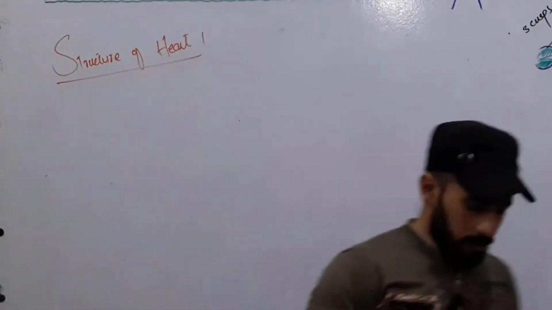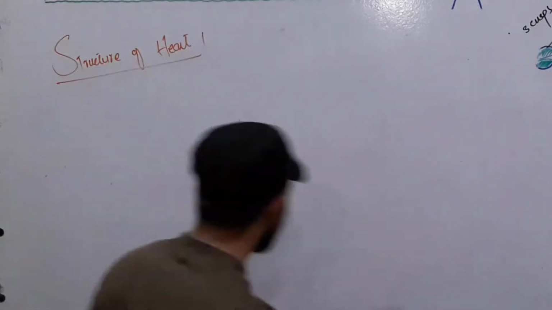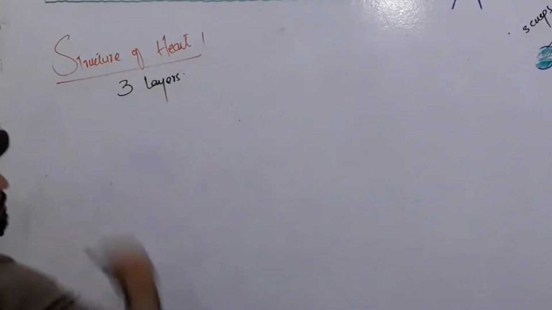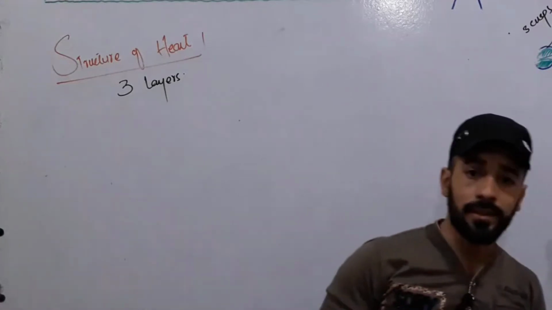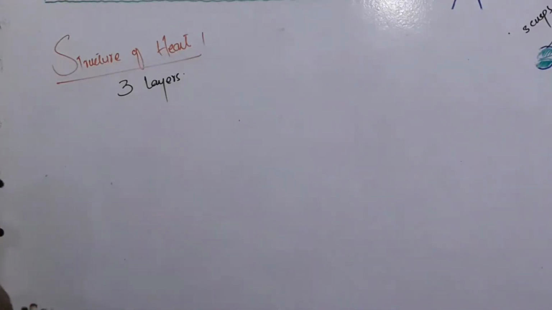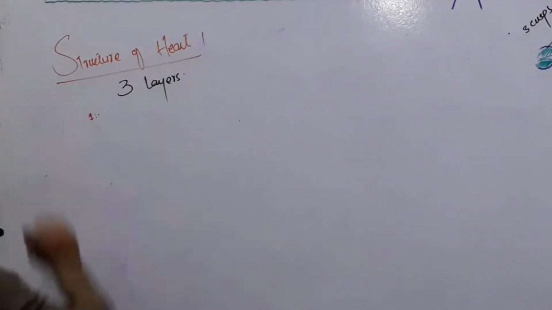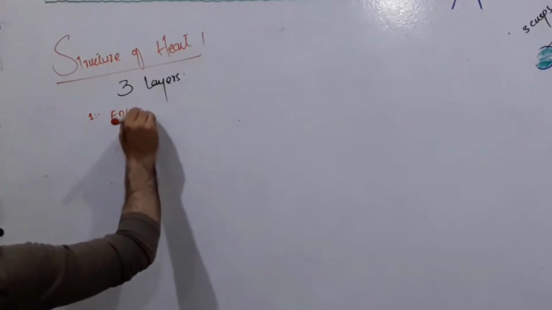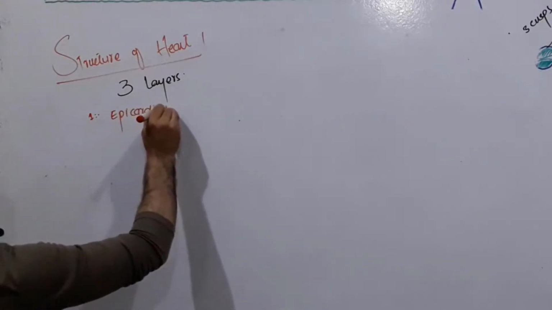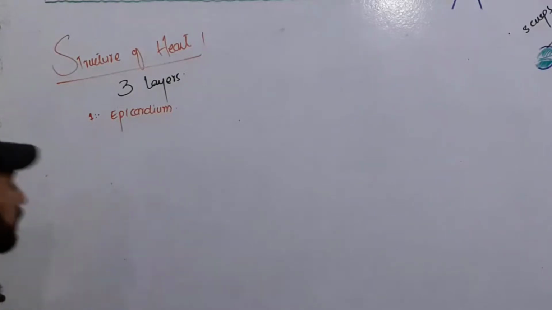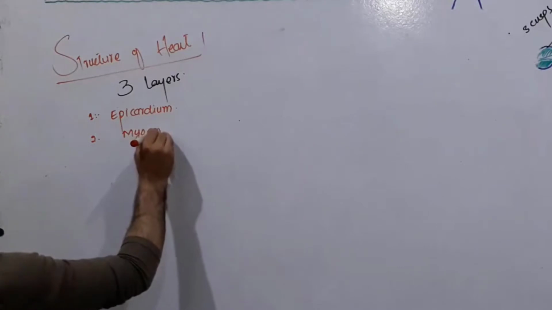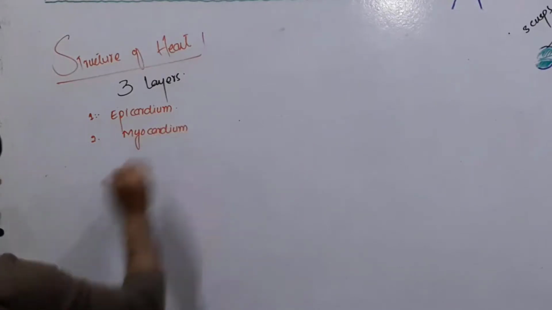Okay. Friends, our heart is composed of three layers. The first one is the outer layer, and this is called epicardium. The second one is myocardium.